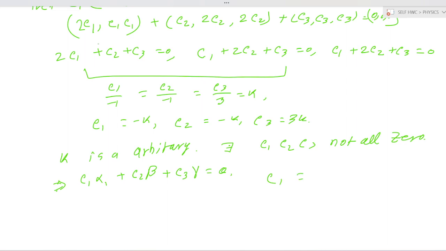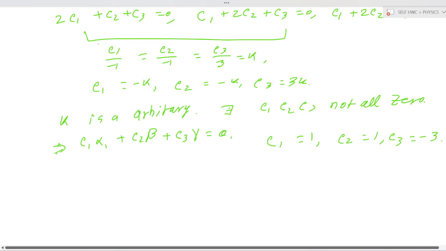So for example, C1 is equal to 1, C2 is equal to 1 and C3 is equal to minus 3. Okay. So therefore the set of all vectors is linearly dependent.